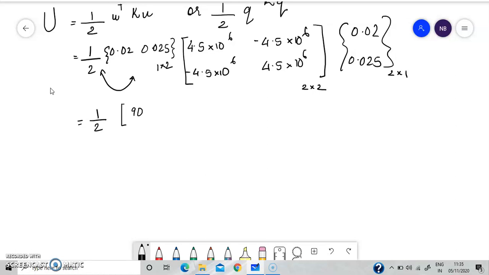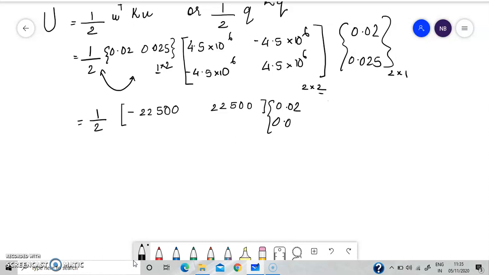When we multiply this, we should get a vector of size 1 row and 2 columns. So it is minus 2250 and 22500.